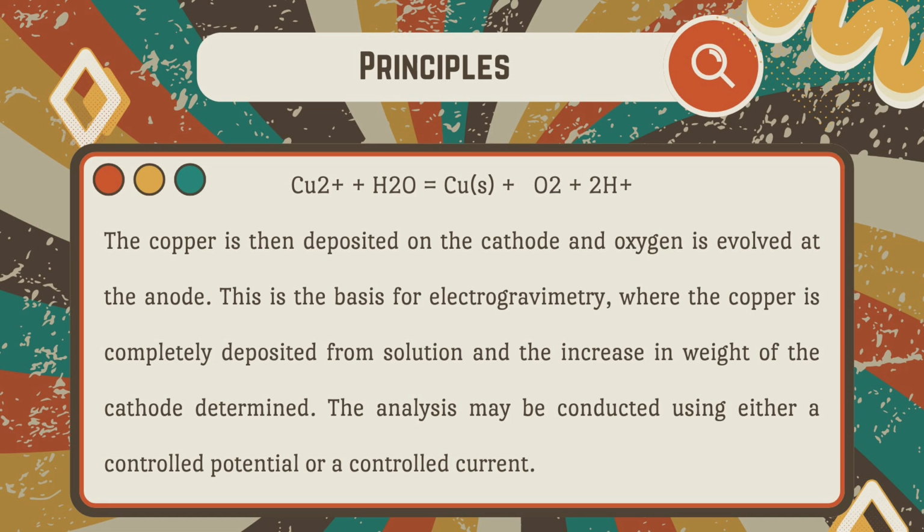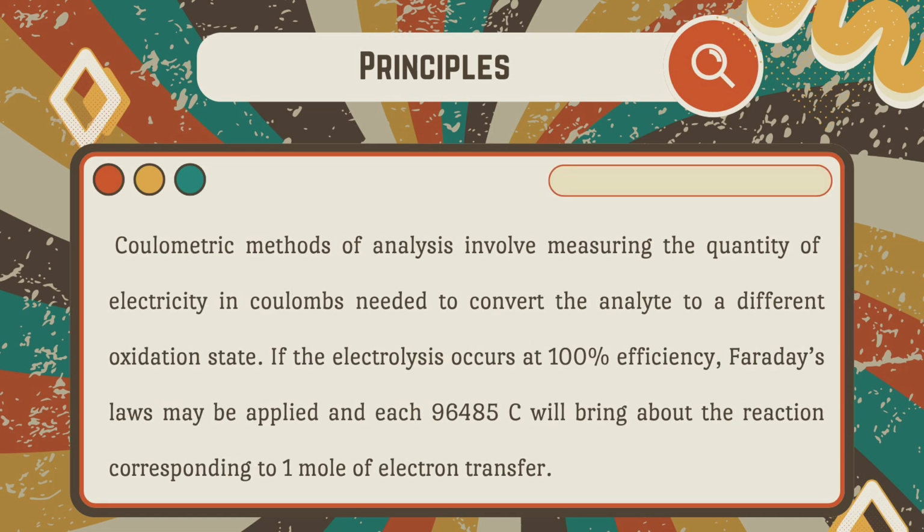This is the basis for electrogravimetry, where the copper is completely deposited from solution and the increase in weight of the cathode determined. The analysis may be conducted using either a controlled potential or a controlled current. Coulometric methods of analysis involve measuring the quantity of electricity in coulombs needed to convert the analyte to a different oxidation state.